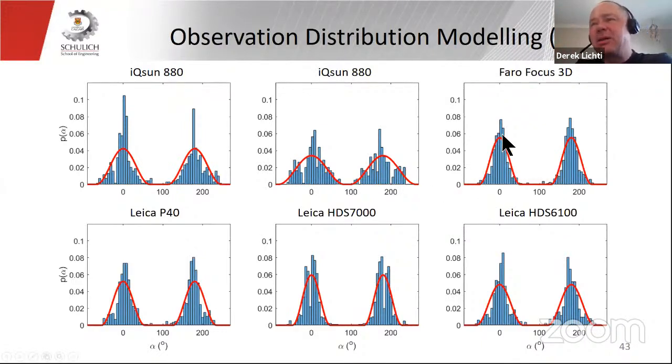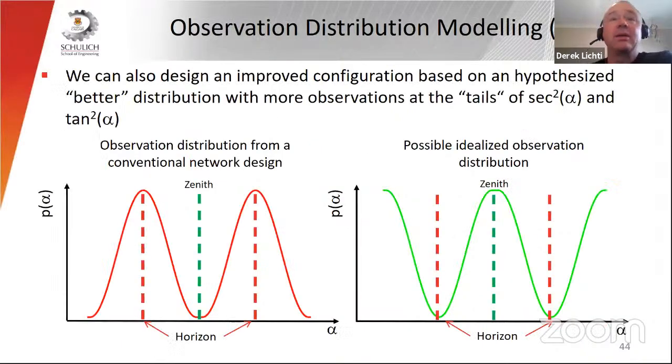You might argue that maybe this one on the right fits better than some of the others, but we've evaluated this, and the raggedness doesn't really matter. The model fits the trend reasonably well overall, and that is true in these cases. So we can come up with a model for the observation distributions, and we can use that in our normal equations to predict parameter quality.